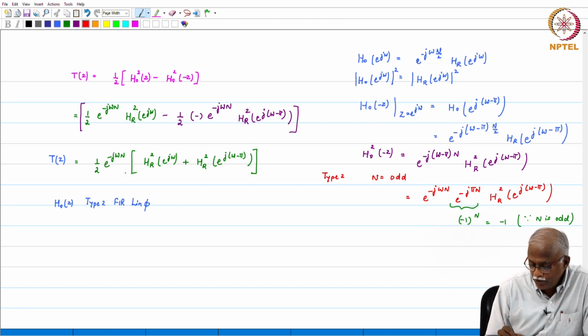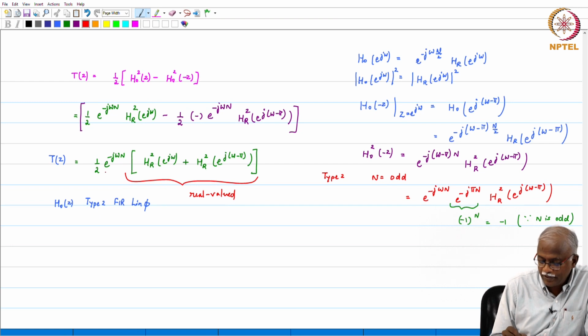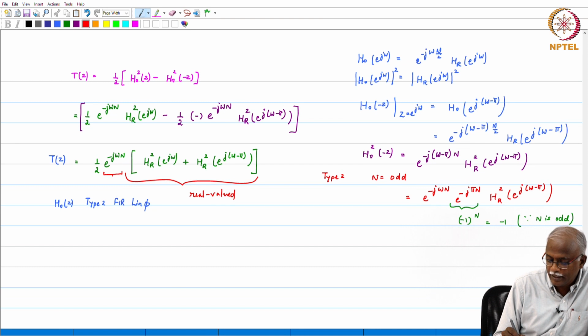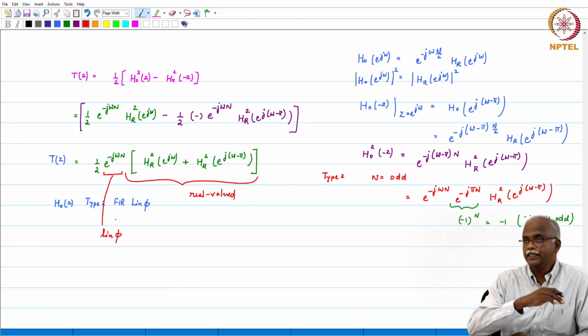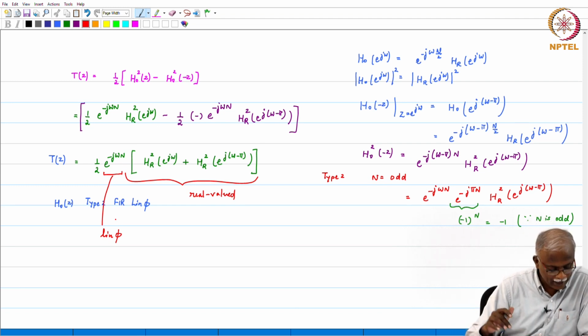Very important to note that this is real valued, and what we have here is a term that is linear in terms of the phase. Linear phase. You can see that the phase grows linearly as omega increases.